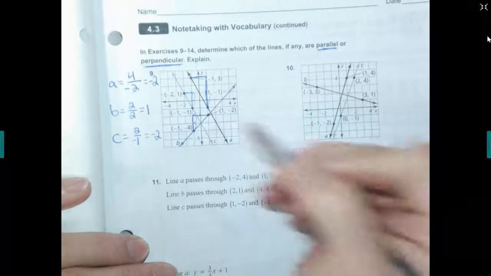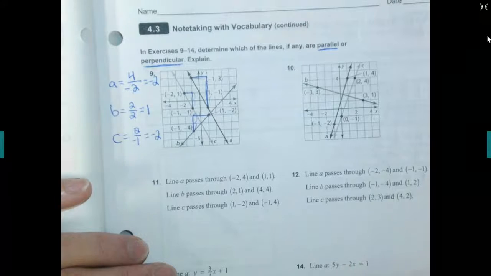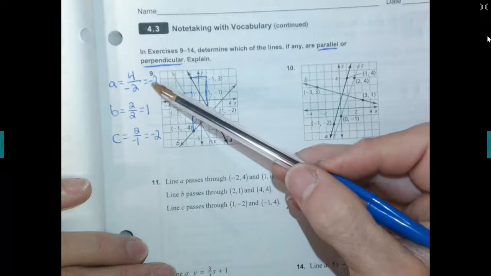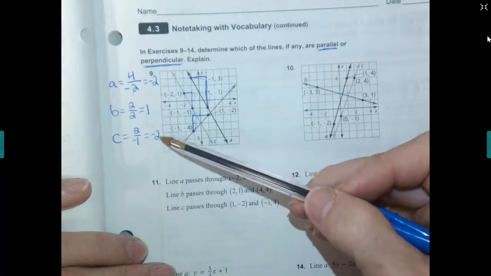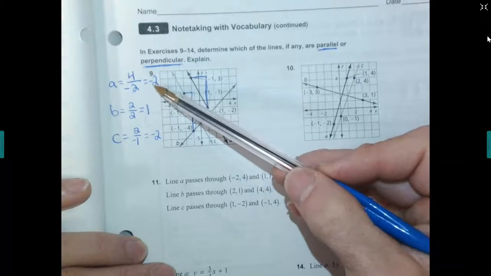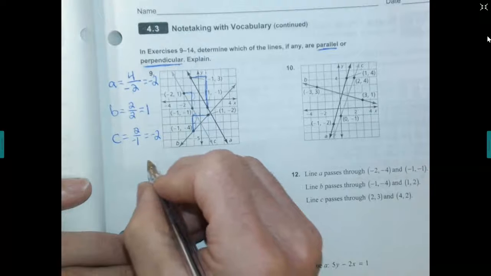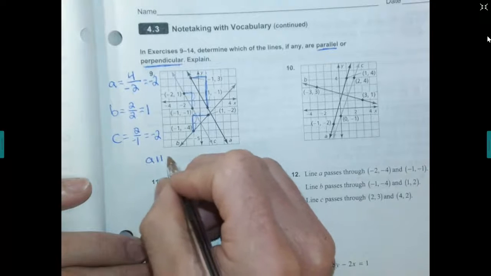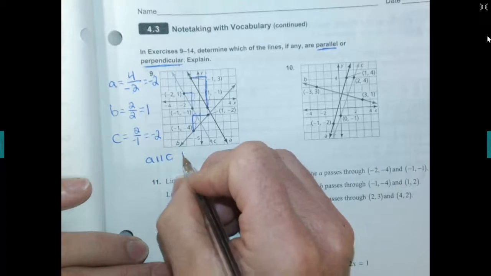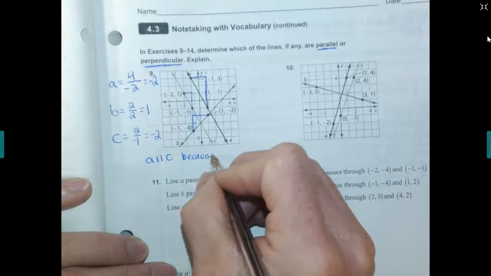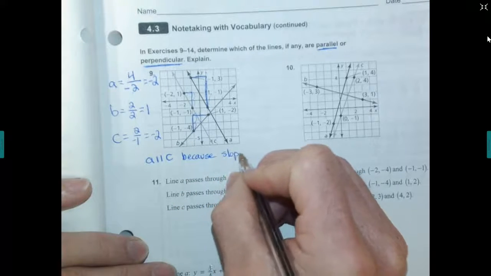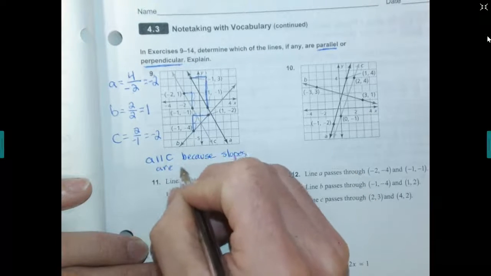So we get -2. So what do we know about these lines? Slope of -2, slope of 1, slope of -2. Looks like A and C are parallel. So A is parallel to C because slopes are equal.